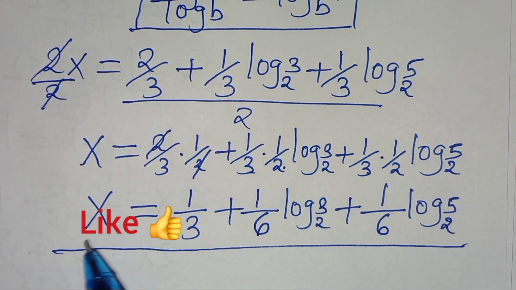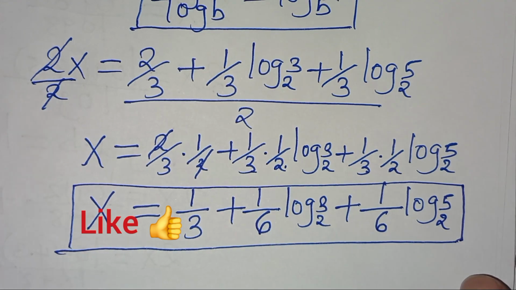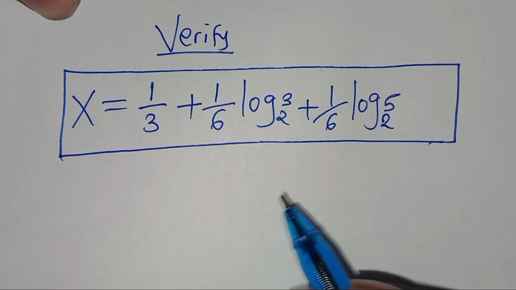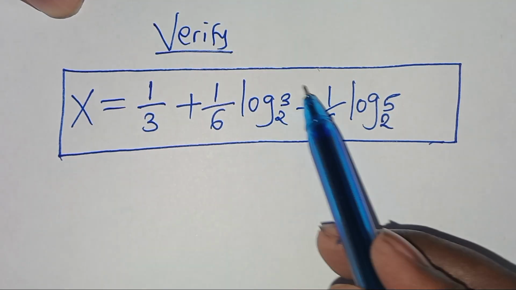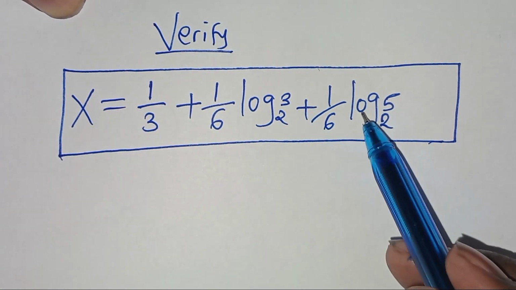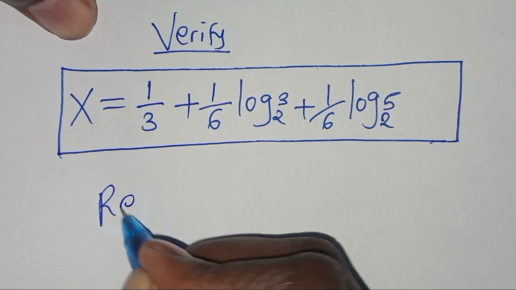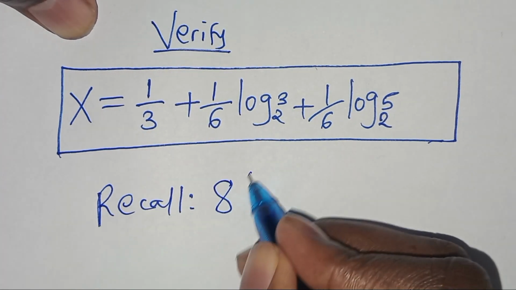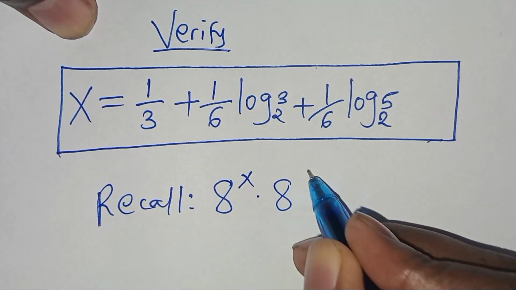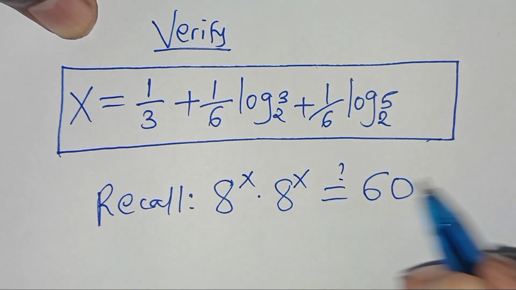The next step is to verify that this value of x satisfies the equation. Let's verify that the value of x, which is a third, plus 1 over 6 log 3 to base 2, plus 1 over 6 log 5 to base 2, satisfies the equation. Now, if you recall, we have that 8 to the power x multiplied by 8 to the power x is supposed to give us a value of 60.